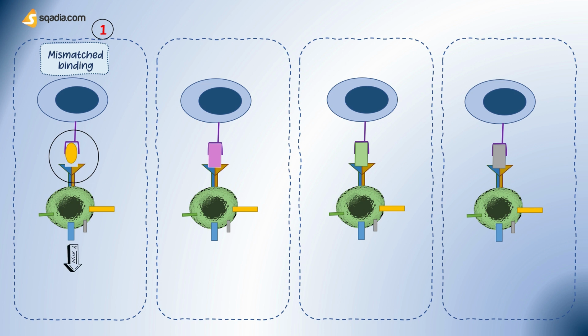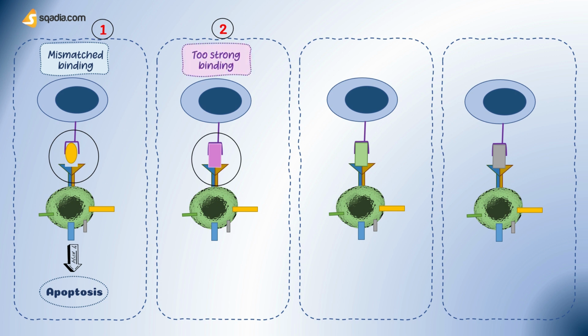So, these T cells are not properly programmed, and thus they need to be eliminated. And this elimination is not done by actively killing the cells, but by an endogenous suicide program that is referred to as apoptosis or programmed cell death. Then in the second case, we can see that the TCRs are now properly binding with the MHC molecule.